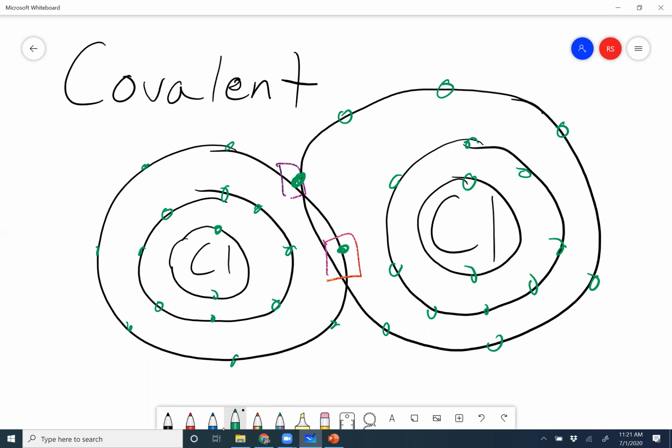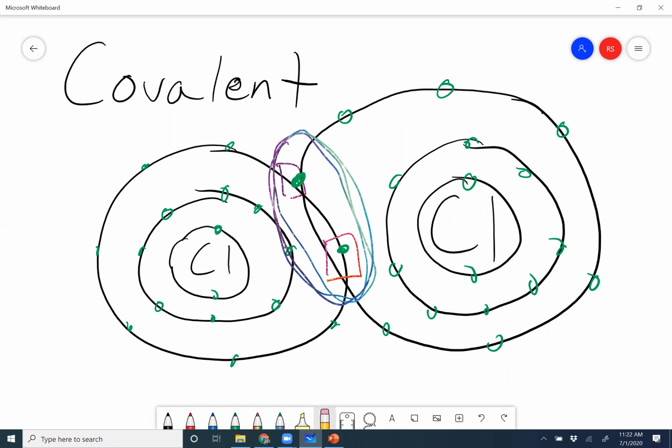So that now, if we just look at their outside energy levels, it looks like they both have 8 valence electrons, but they did not exchange them, they shared them. And this bond right here is called a covalent bond, where we have the 2 outer orbitals overlapping and each giving an electron to the other to fill their valence shell.